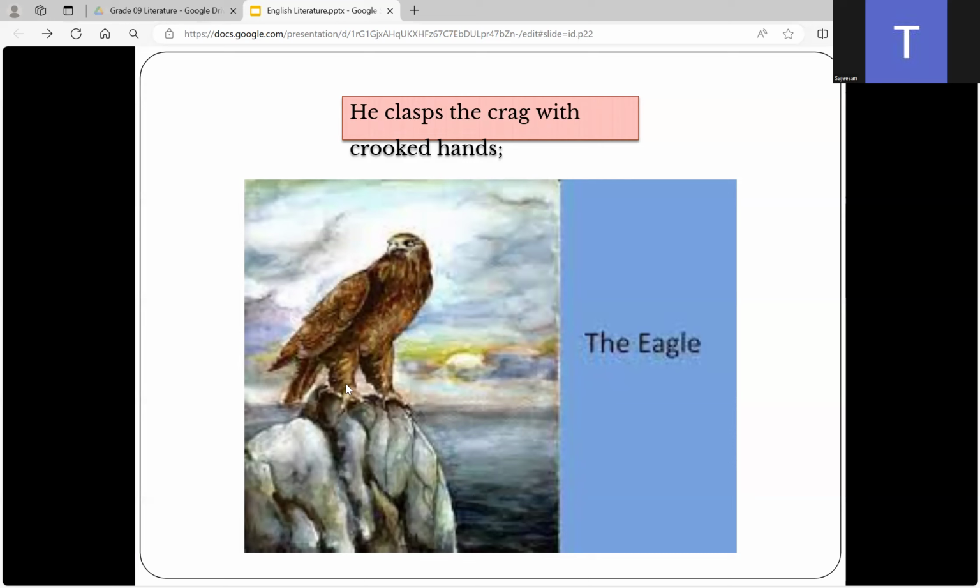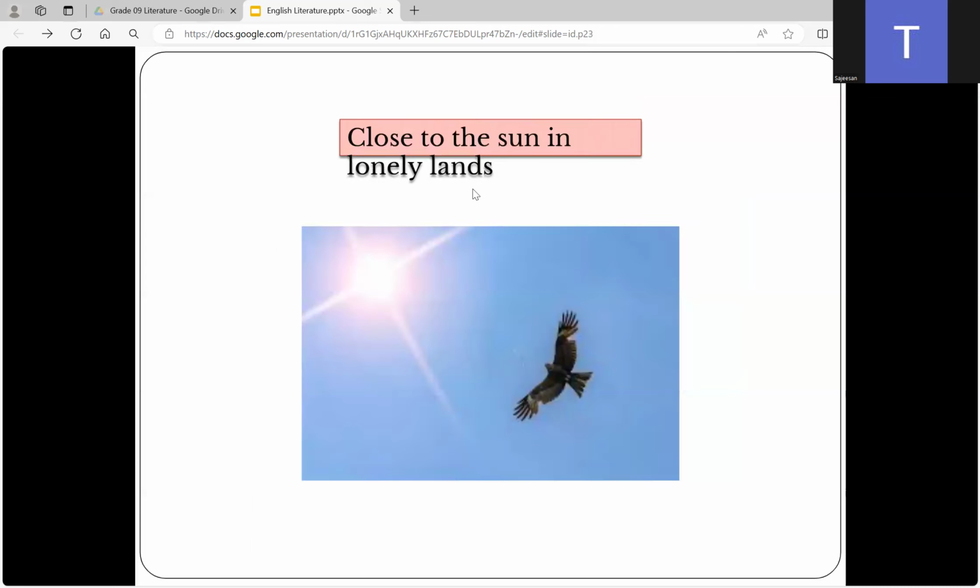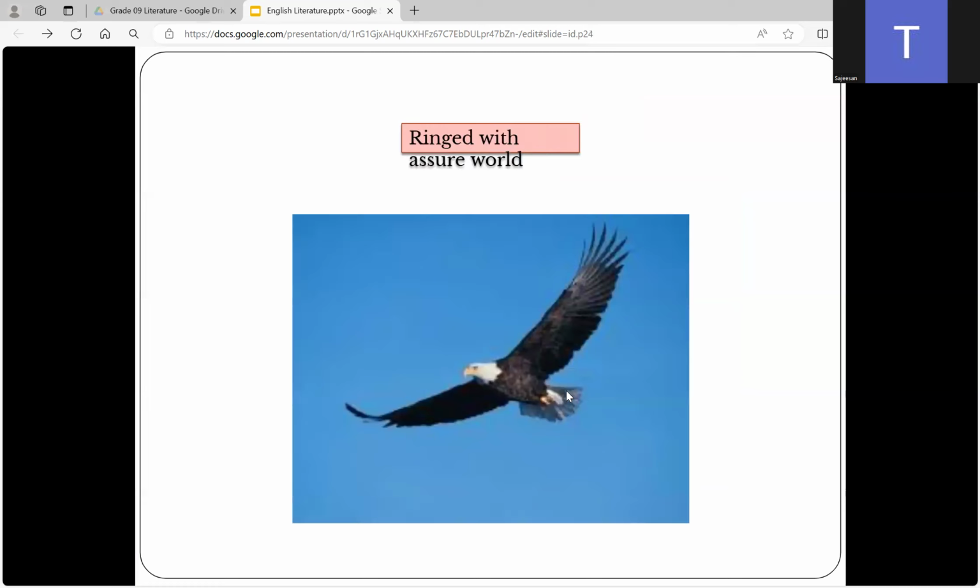Here, these are the hands, crooked hands. And also, clasp means tightly hold, right? The rock. And then close to the sun in the lonely land. Here, he goes closer, but the sun doesn't burn the bird. Ringed with the azure world. Yes, azure world means the sky.